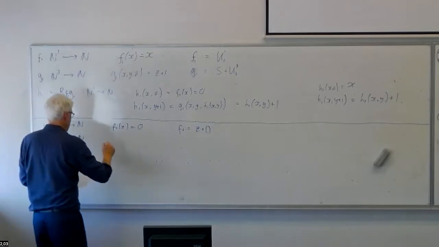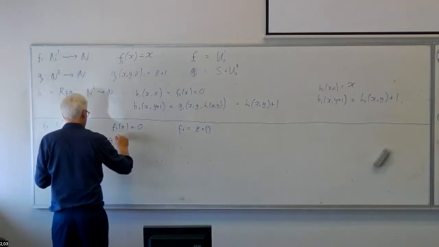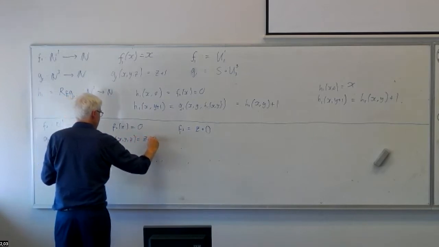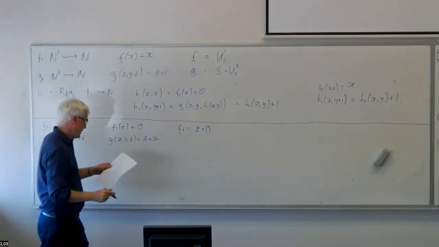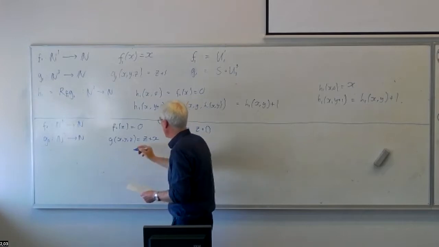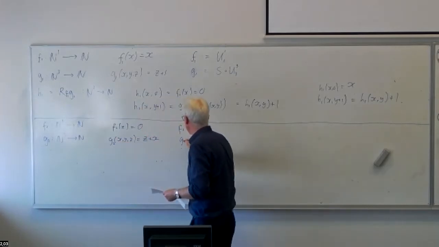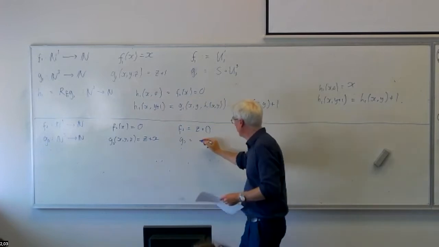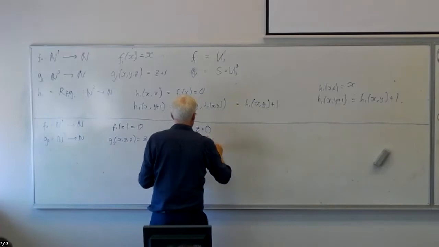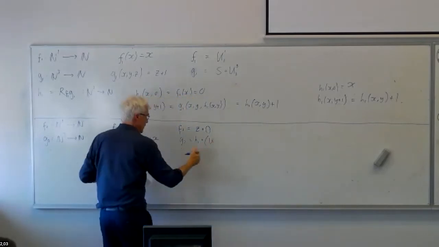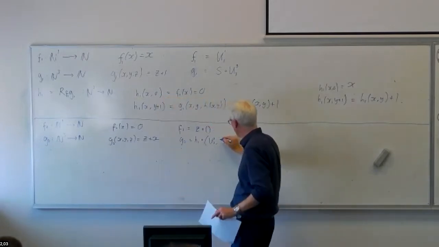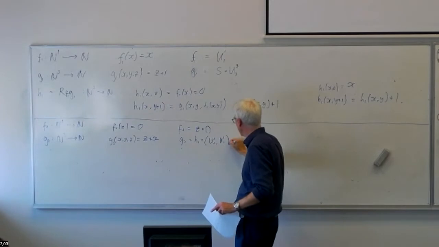And in this case, G2 of X, Y, Z is Z plus X. So we can define that because G2 is our H1 composed with the projection of the 3-tuple onto the third argument, and the projection of the 3-tuple onto its first argument.